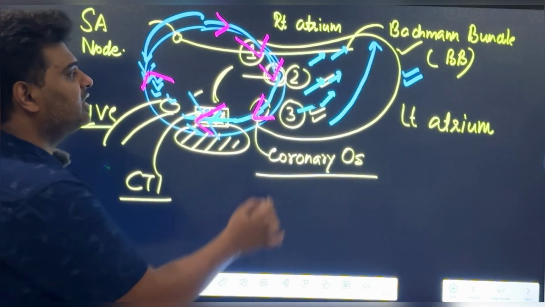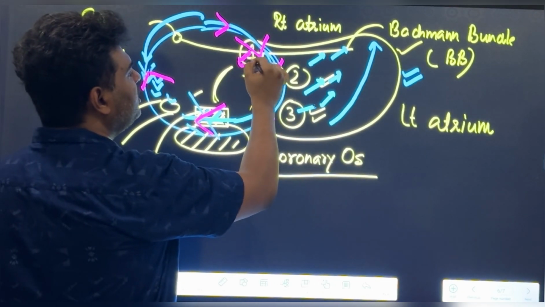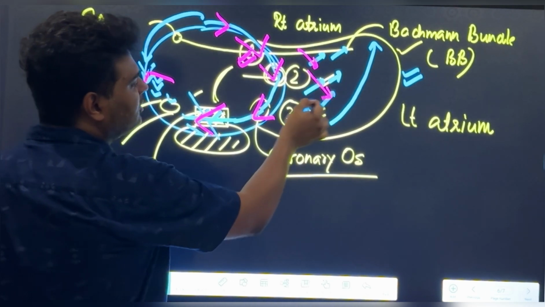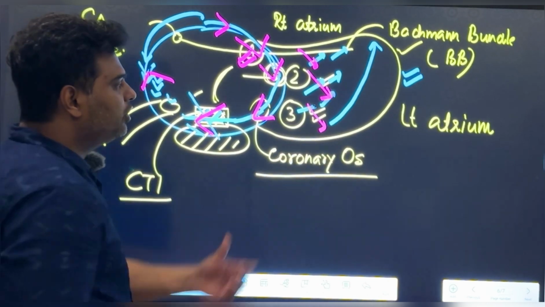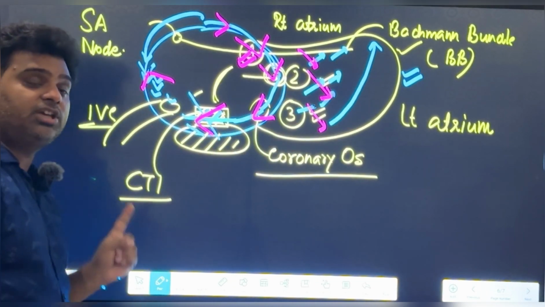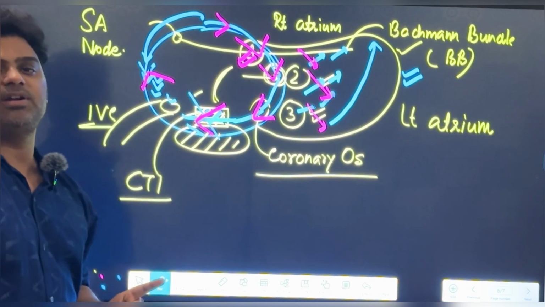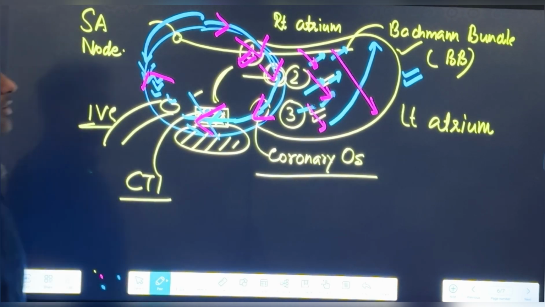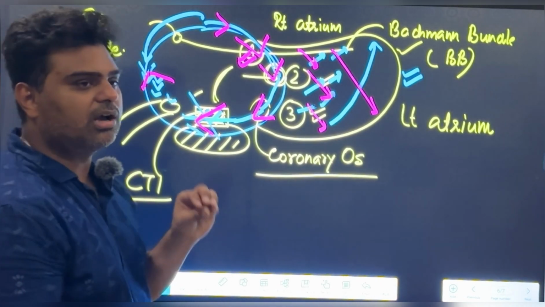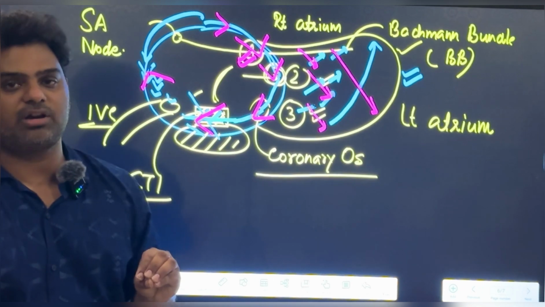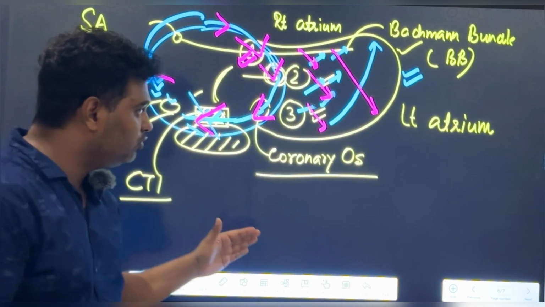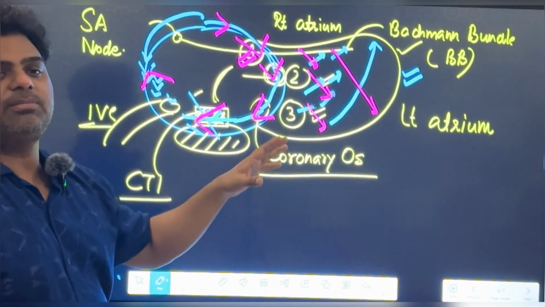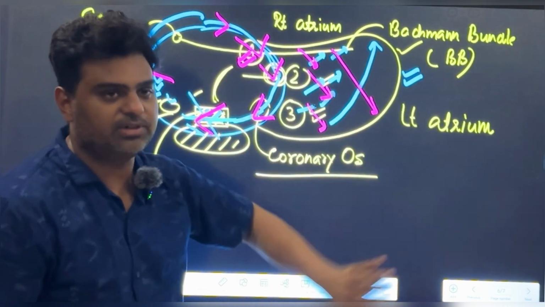And in this clockwise, the left atrium is first depolarized from the Bachmann, then from the fossa ovalis, then from the coronary os. So the depolarization of the left atrium in clockwise CTI dependent atrial flutter will be from upward to downward. You have to keep this in mind. Simply remember, in counterclockwise CTI dependent atrial flutter, the left atrium is depolarized from downwards to upwards, and in clockwise, the left atrium is depolarized from superior to downwards.